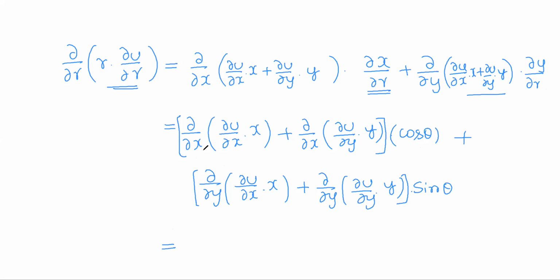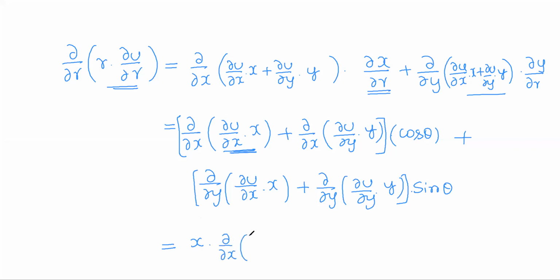So ∂/∂x of ∂u/∂x into x. You have to apply the product rule here, as there are two functions. What is the product rule? Keeping one function as it is, you differentiate the other.